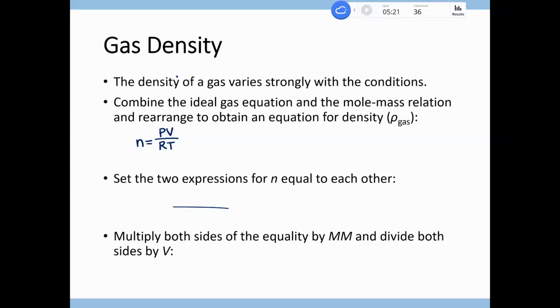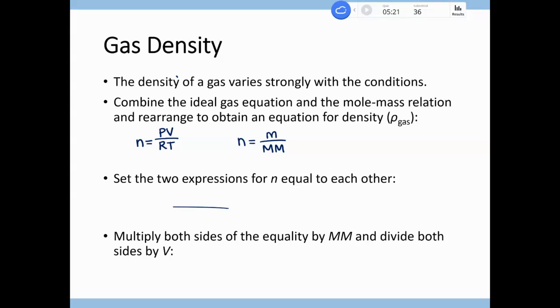So I've just rearranged PV equals nRT. We also have n is equal to mass over molar mass. Both of these equations were on the slide from 2 slides back.